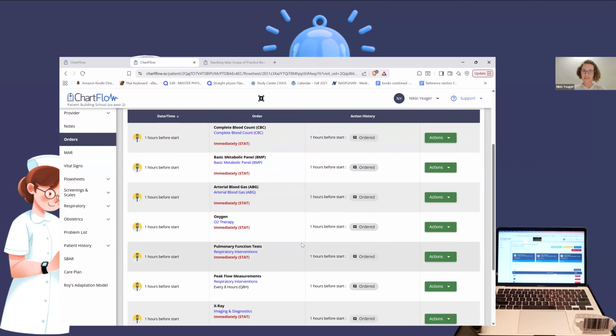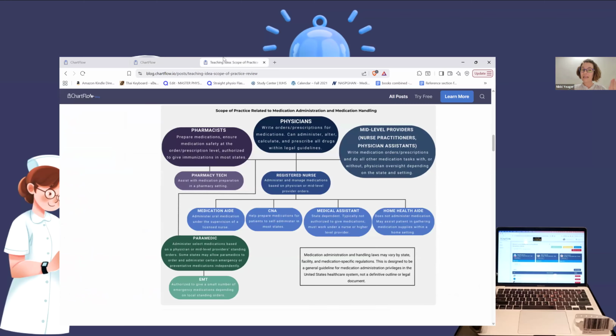In the United States, for example, if you go to blog.chartflow.io, our most recent blog post has this little flow chart that shows, in terms of medication administration, what falls within each level's scope of practice. For example, physicians can always put orders in for a medication. Registered nurses can give almost every medication.